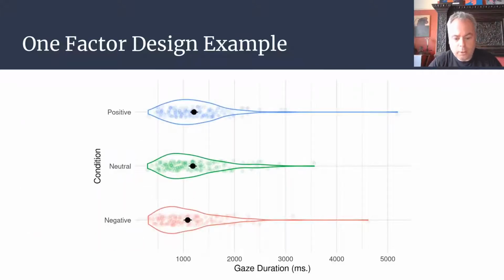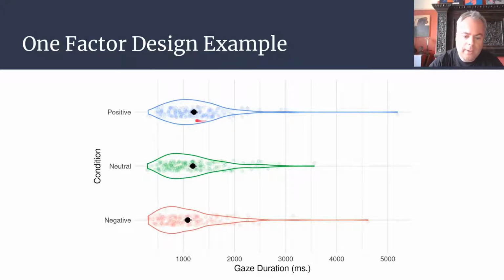So the first thing we're going to do is plot the data. The code for this plot is in the markdown document, by the way. So you can see that for our 3 conditions, we've plotted the raw data points. I've plotted a geom violin to give us an idea of the shape of the distribution. The individual data points are plotted using geom jitter, a little bit translucent as well, so we don't have the problem of overplotting.